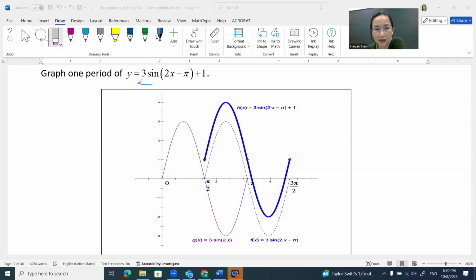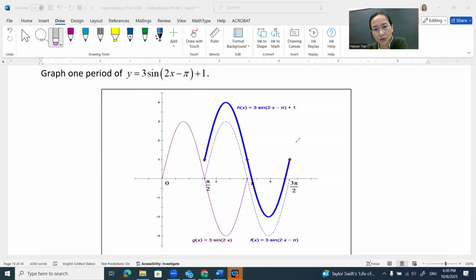With that function, you just elevate that plot upward for 1 unit. So you see this dotted line, I elevated 1 unit upward.